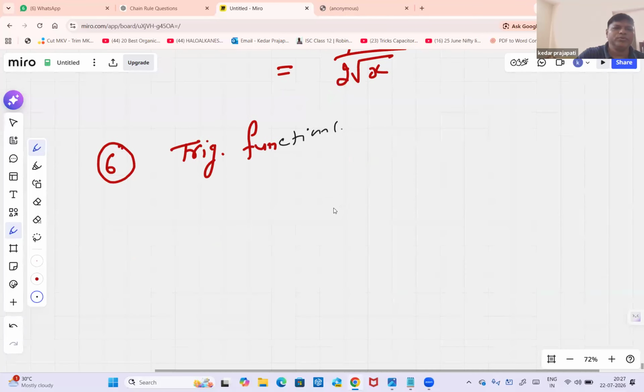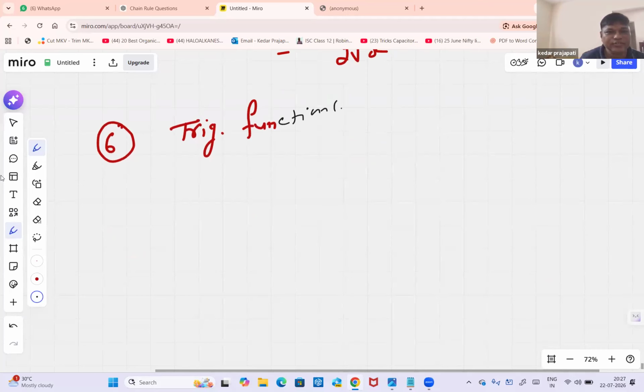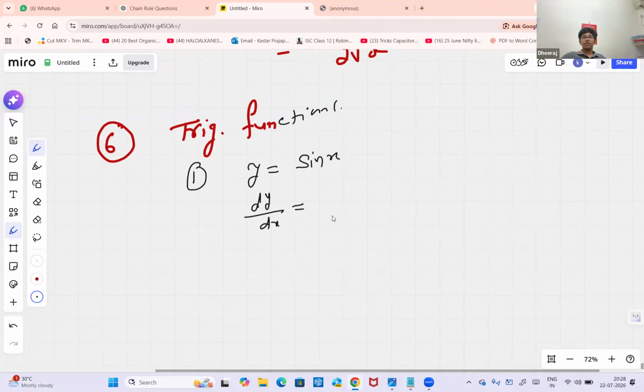Means we should know what is the differentiation of sin x, cos x, tan x, right? So if y equal to sin x, what will be dy by dx? Cos x.